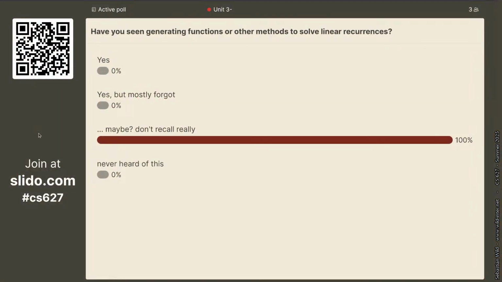So an amazing clear vote that you might have seen it. So linear recurrences is something like f_n is 3 times f_{n-1} plus 2 times f_{n-2}, or some forms like this. So linear means it's a linear combination of terms, and it also usually means that it's a linear combination of some combination of the last few terms.